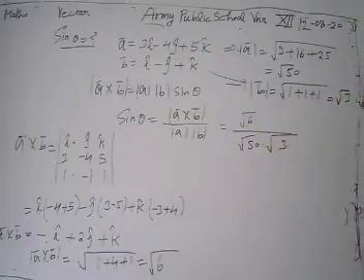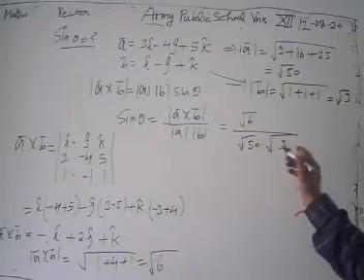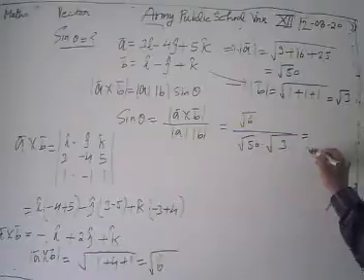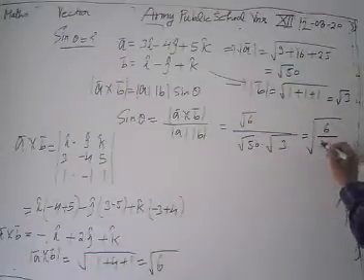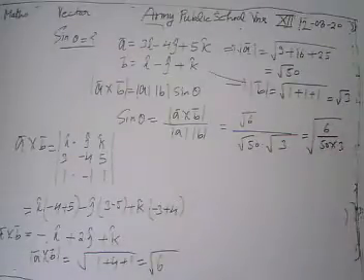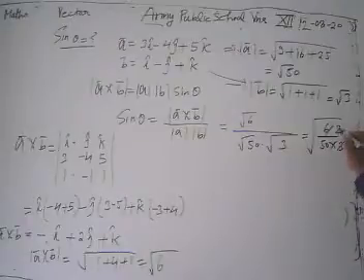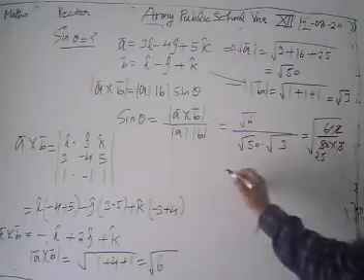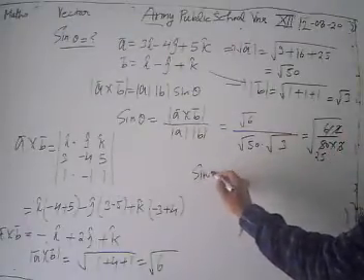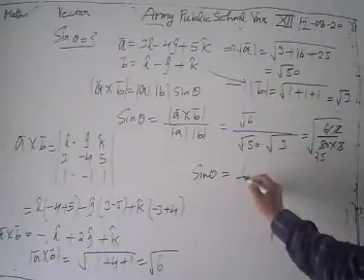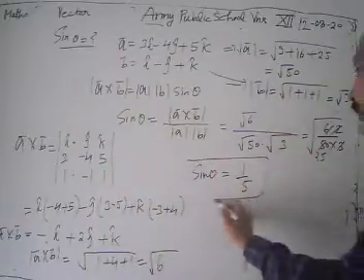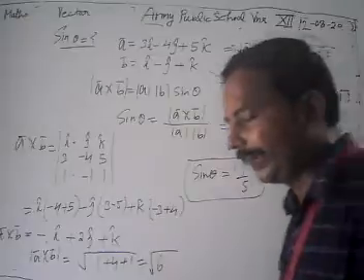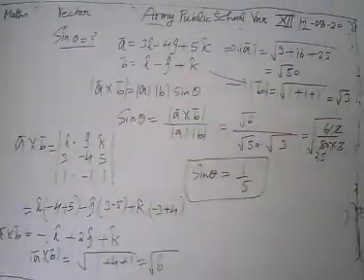Then that's the root 6. Then obviously this can be written as 6 upon 50 into 3, means under root sine theta is equal to under 1 upon 25, means 1 upon 5. Sine theta is equal to 1 upon 5. This is our required answer.